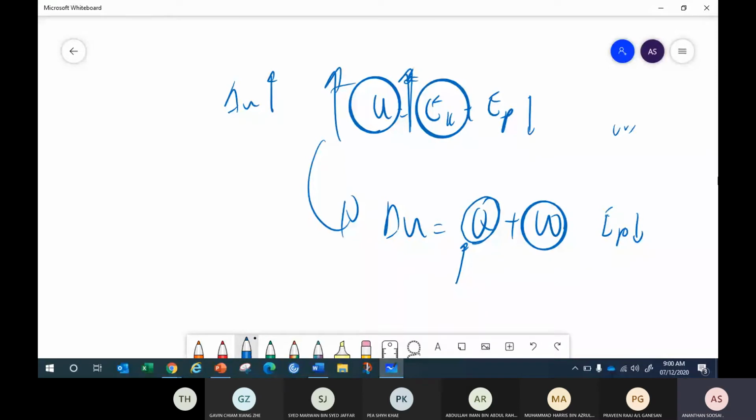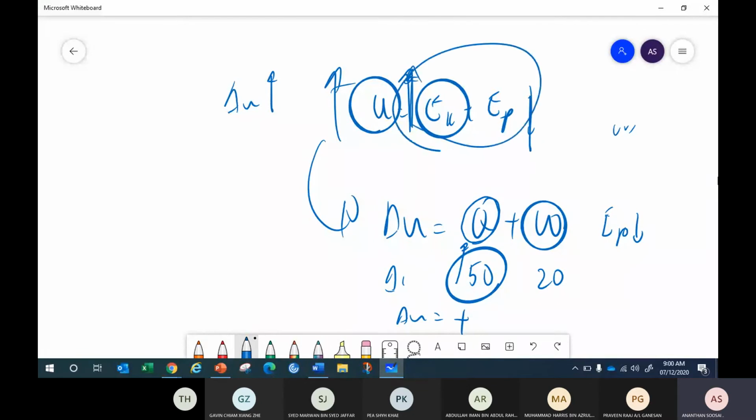Overall, we check: Q was 50, but W is only 20, so the winner is Q finally. Therefore, if the change of U is positive, we know EP goes down and EK goes up. So overall U is found to be positive, which means we can visualize that the EK increase is greater than the EP drop.